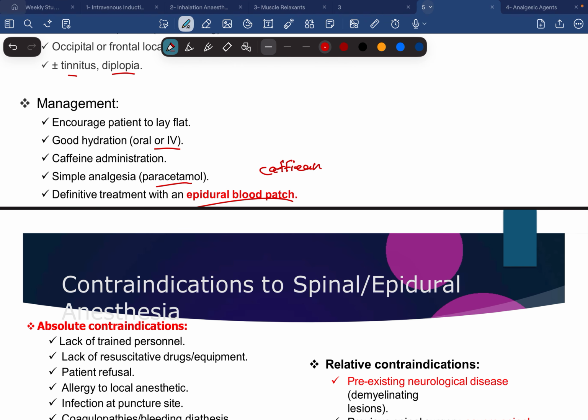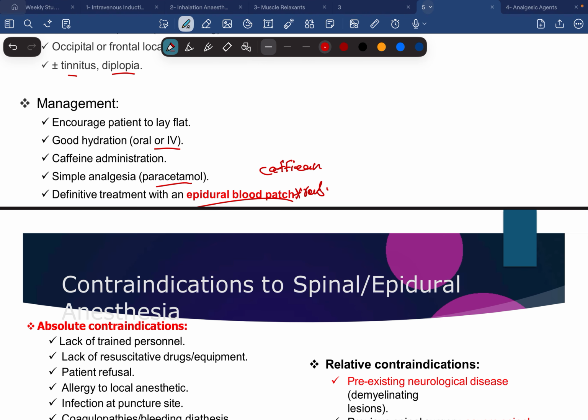This way, it should clot on the leak site. In about 50% of patients, they will be headache-free within a minute, while you're still injecting, and at that point you stop. In some patients it won't work, and the headache is still there.